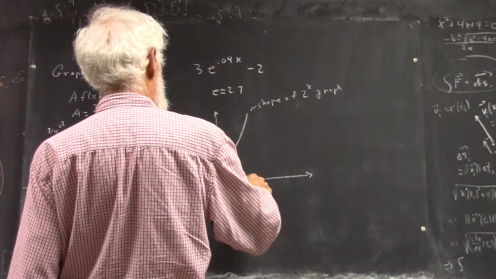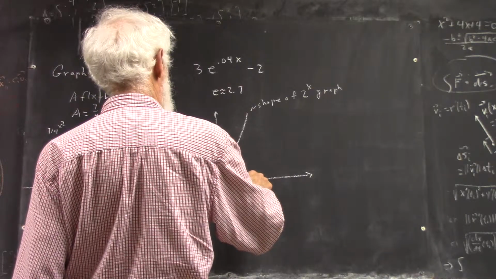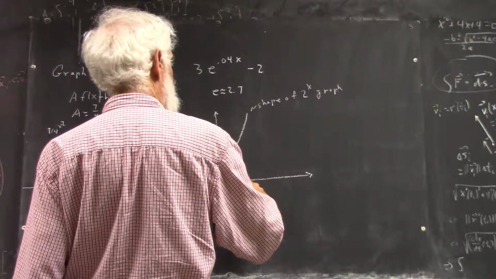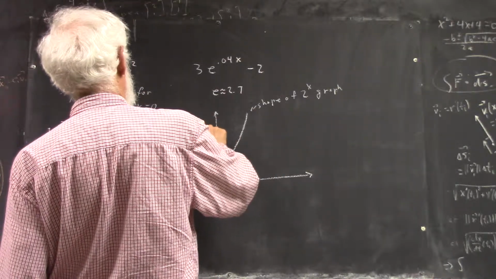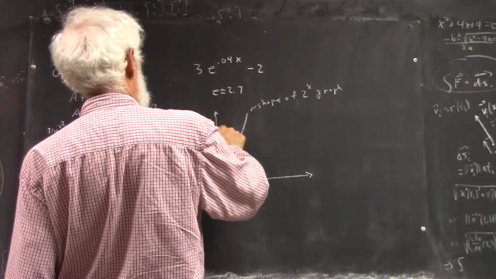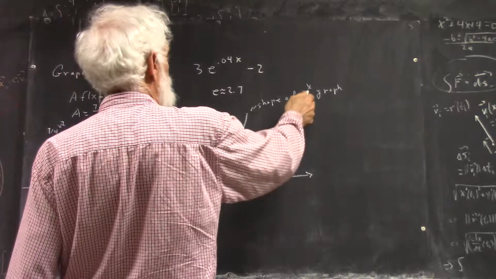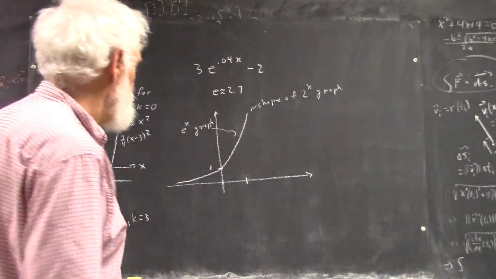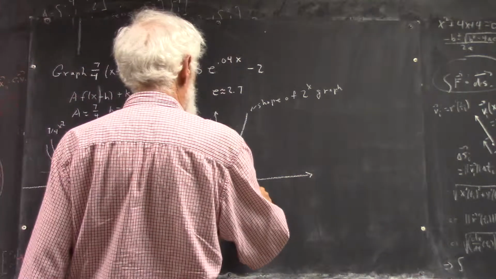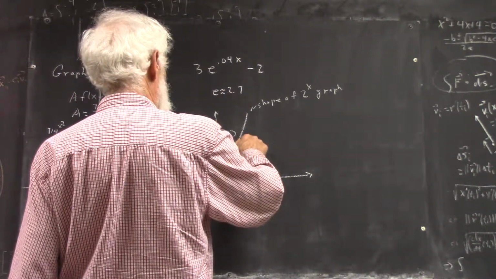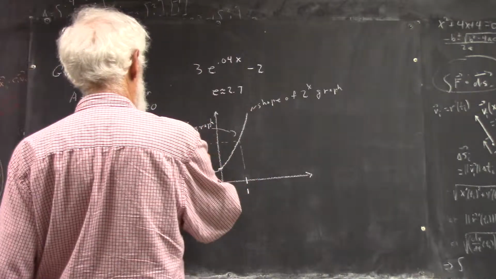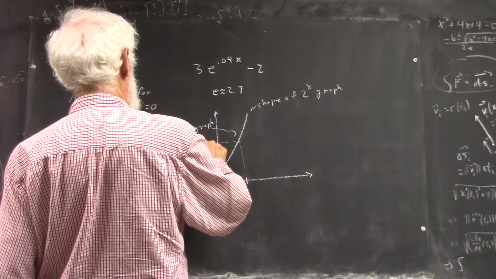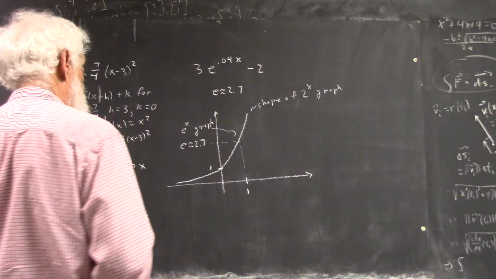And when x equals 1, what we want to get is the e to the x graph. It has the same shape, but the scale is different because when x equals 1, this has to equal e, which is about 2.7.